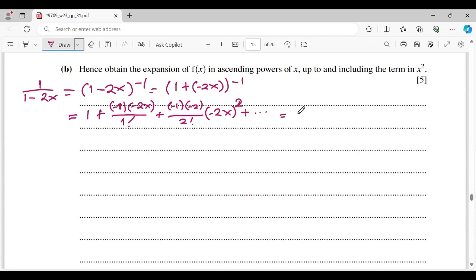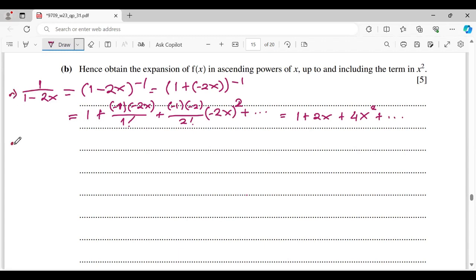And it becomes 1 plus 2x plus 4x squared plus so on. This is the first.